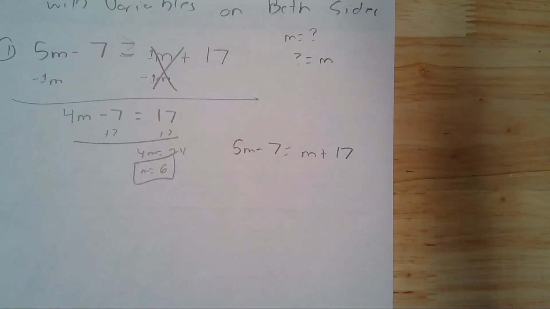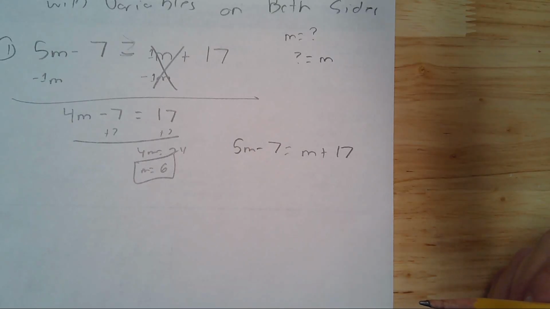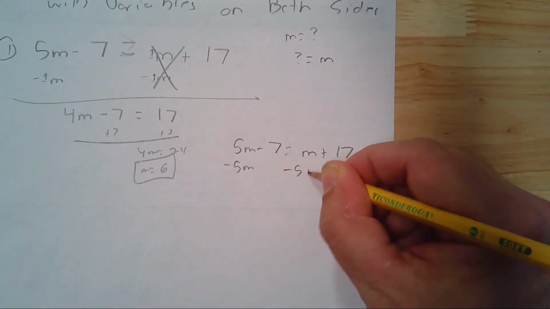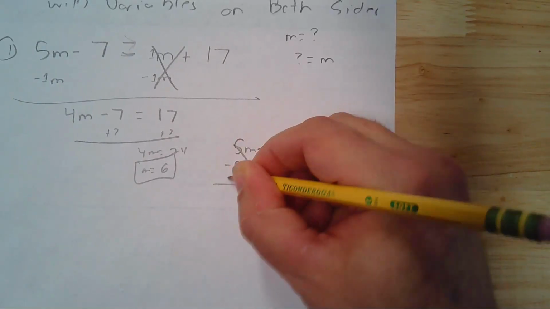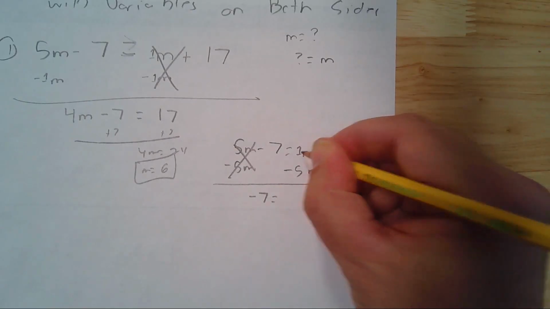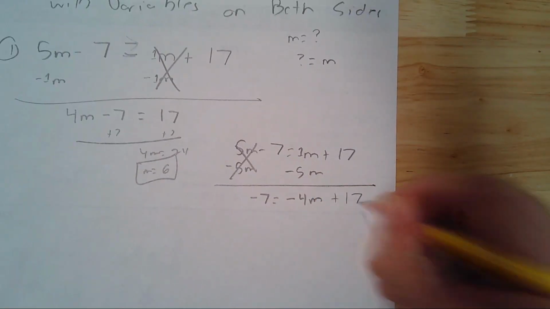And what I could have done differently here is I could subtract 5m from both sides, right? Because if I subtract 5m from both sides, well, now I've taken the m off that side, right? 5m minus 5m is no m. What am I left with? Negative 7. M, 1 minus 5 is negative 4m plus 17.